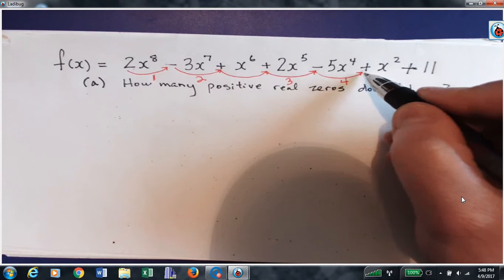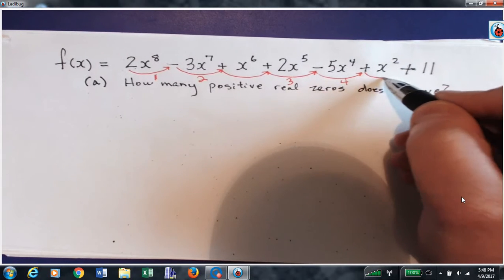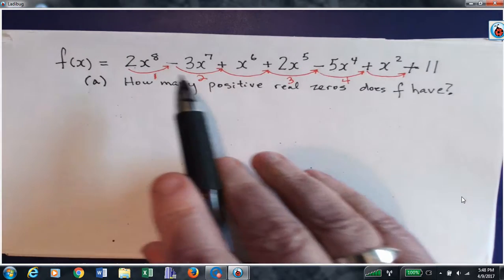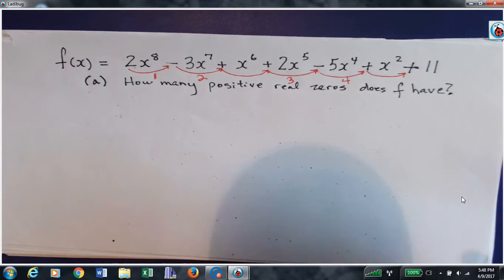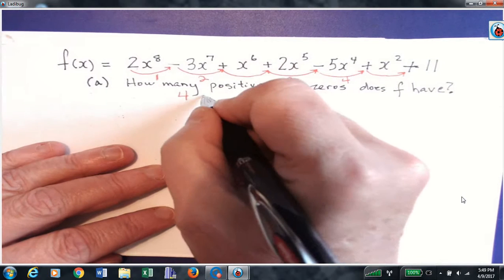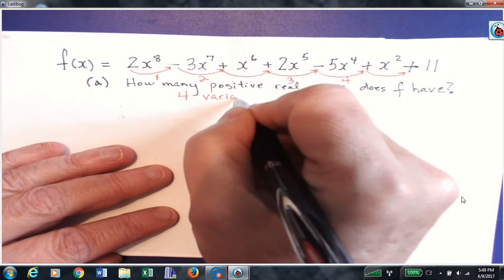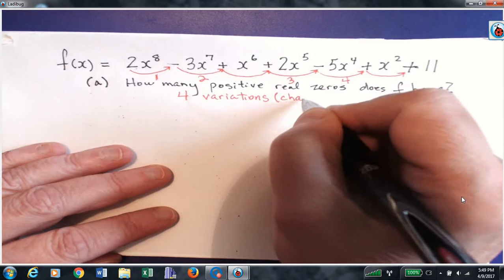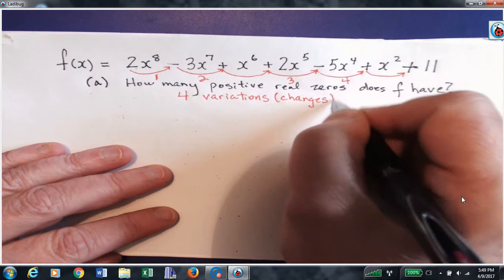And then finally, I go from positive to positive. That is no change. So when I went through from left to right, there were 4 changes in sign, or as that rule loves to say, 4 variations. But just think changes in sign.